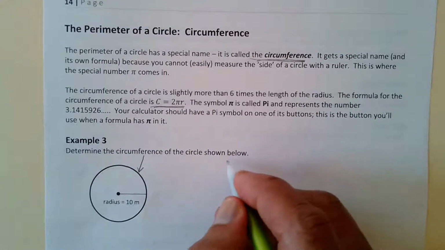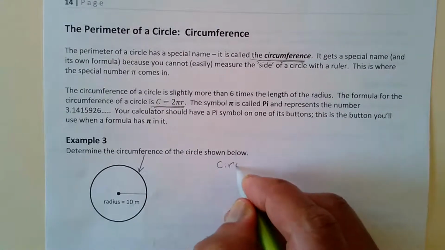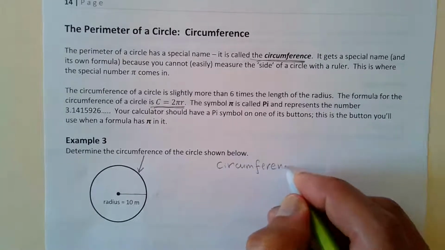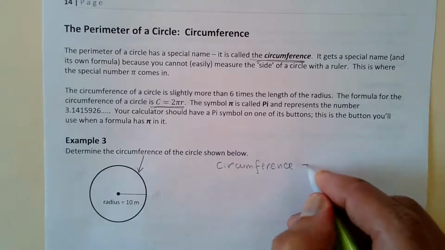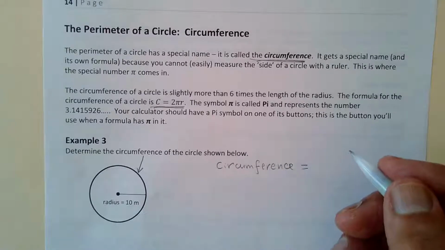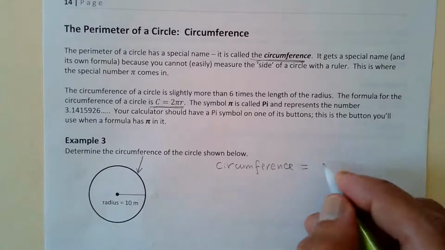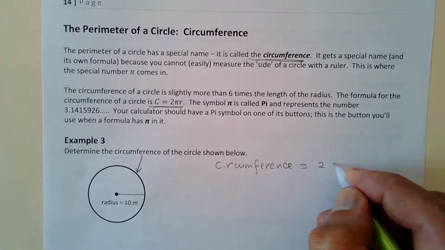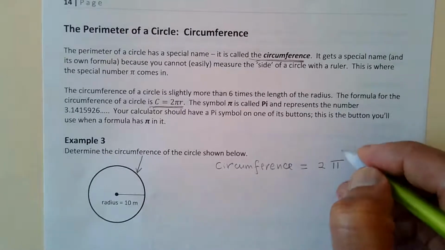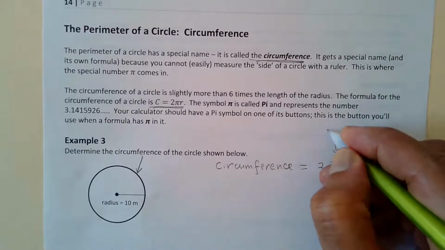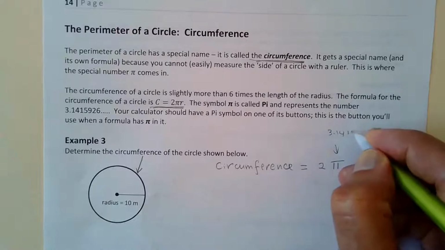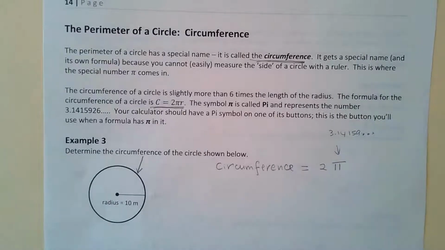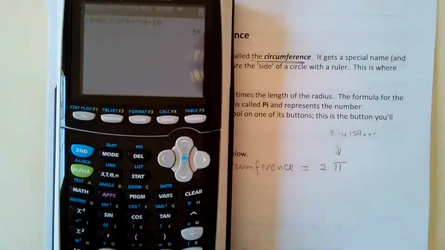So what this means is the circumference, which is the distance around a circle, is equal to 2 times pi. Now, pi is approximately 3.14159. Now, you will use your exact value in your calculator.